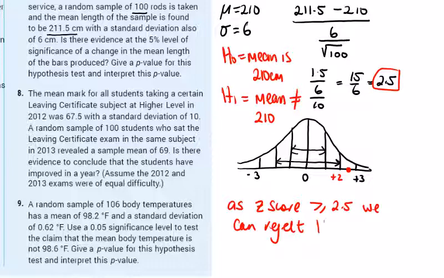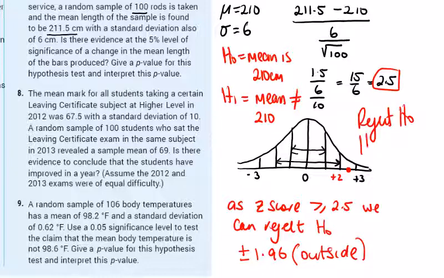So we can reject H0 because we have gotten a value outside plus or minus 1.96. So we reject the null hypothesis that the mean has not changed, and accept H1.